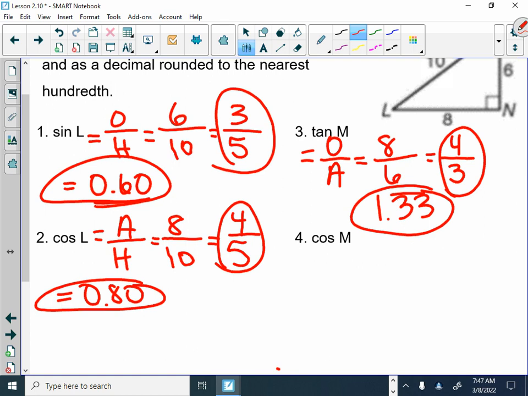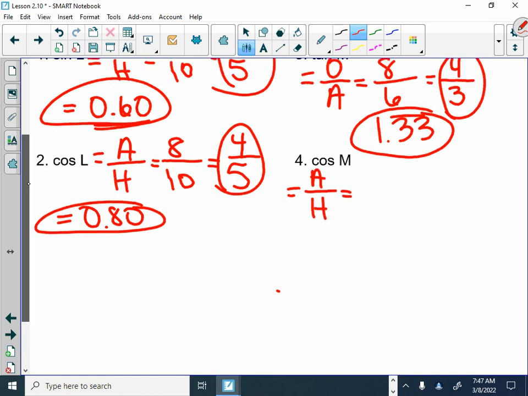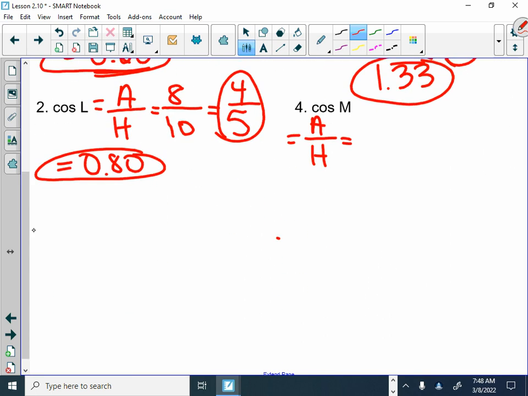Alright, and then lastly, number 4, I need the cosine of M. So we said cosine was what? Adjacent over hypotenuse. So remind me again, the leg adjacent to angle M. What is it? 6. And the hypotenuse is 10.